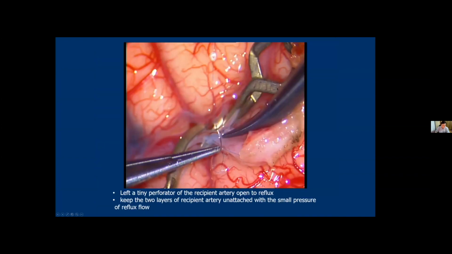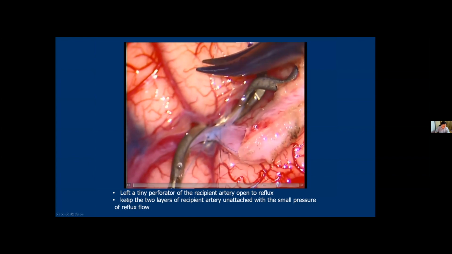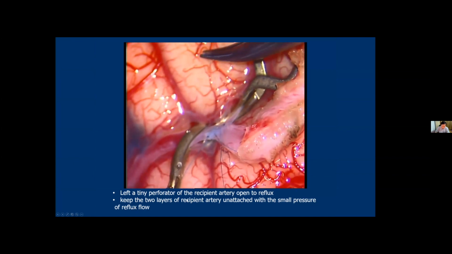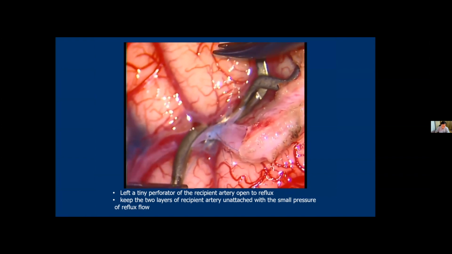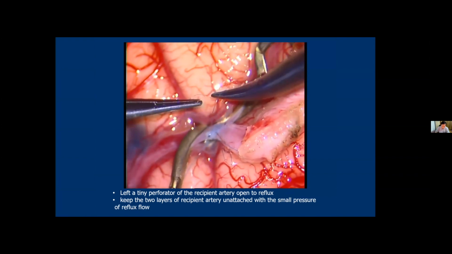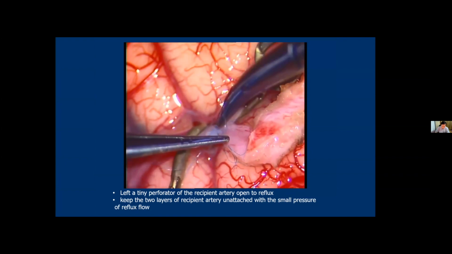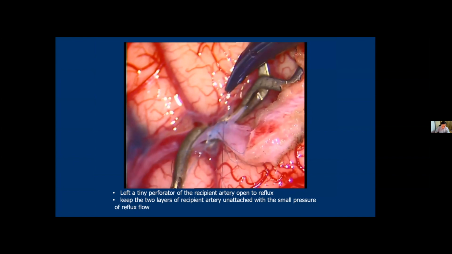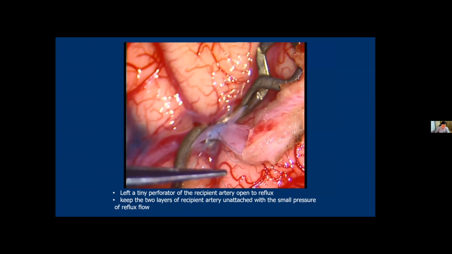Sometimes we can use some small perforator to let some small reflux of the blood flow. This can keep a little pressure in the recipient artery to keep the two layers of the recipient artery open, and this can help us in the anastomosing.